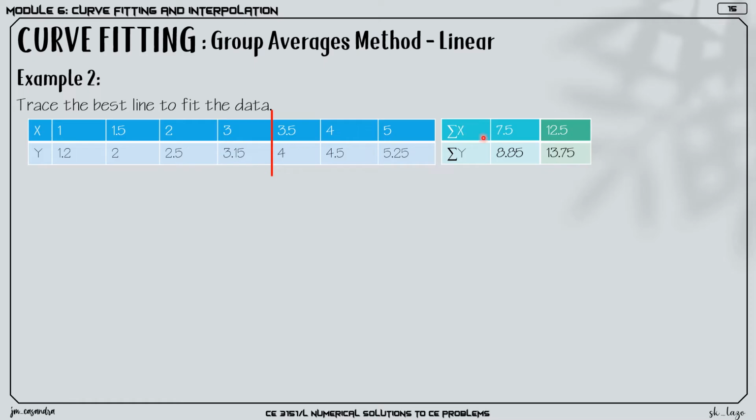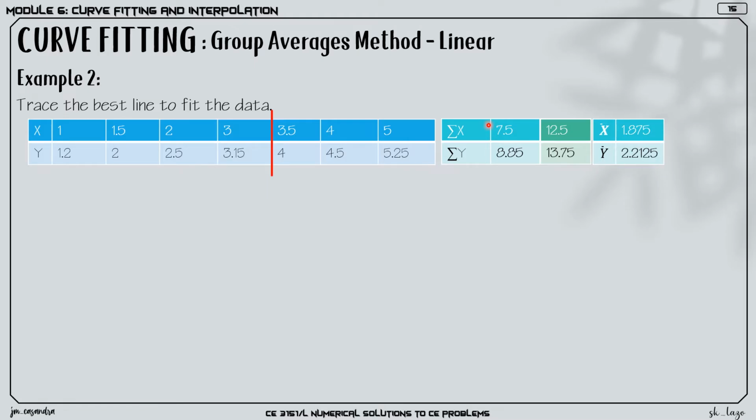So for x, for the first group, that will now be 7.5 divided by 4, giving us 1.875. And for y, average for sub 1, that is now 8.85 divided by 4, which is equal to 2.2125.